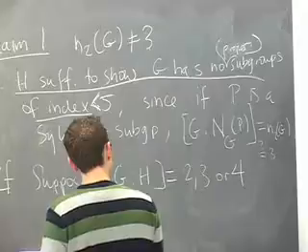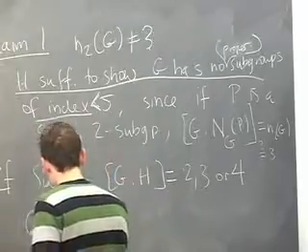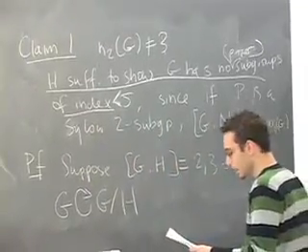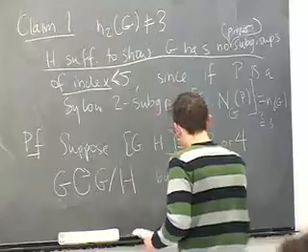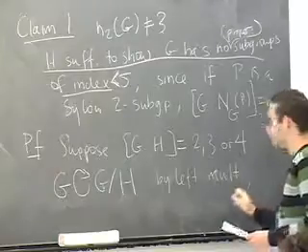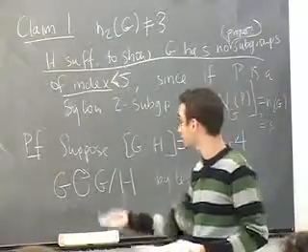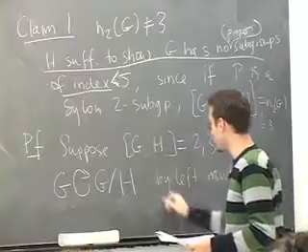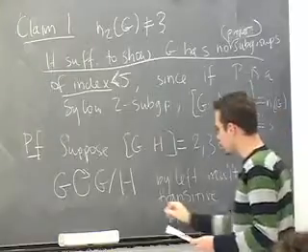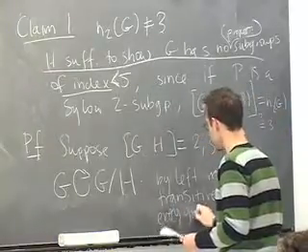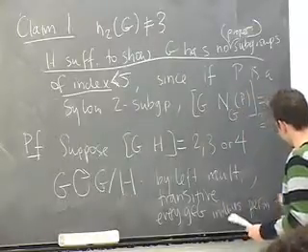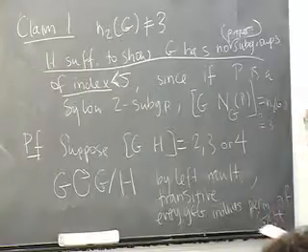Well, then I have an action of G on the coset space, by left multiplication. Now we know that the action of a group on its coset space by left multiplication is transitive. So that's good. And every g in G induces a permutation of this coset space, G mod H.